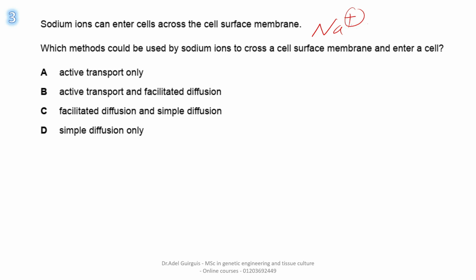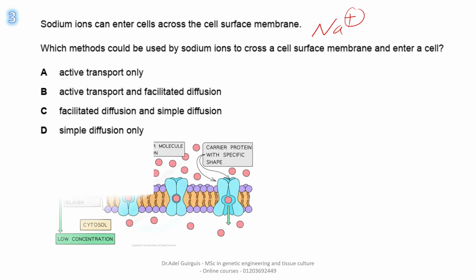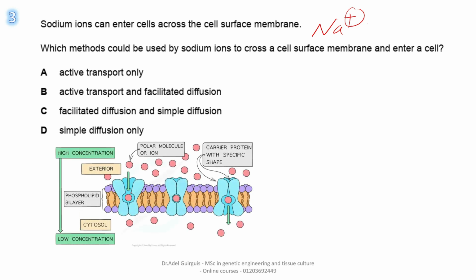So when sodium ions pass through the cell surface membrane, they pass through certain gates called protein channels, like this channel. This protein channel is specific for sodium ions only. It passes through this channel from high concentration to low concentration.